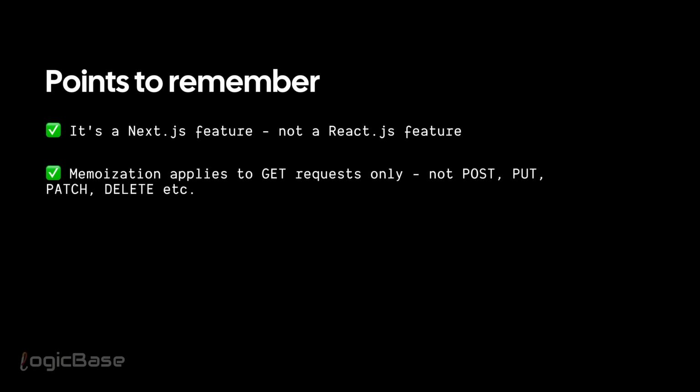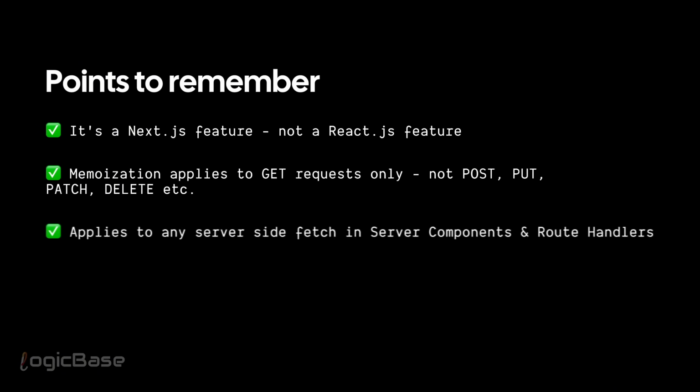The second point is, just like request memoization, data cache also works only for GET requests. It doesn't work for POST, PUT, PATCH, or DELETE requests. The third thing is, it's different from request memoization. In request memoization, I told you that it only works inside the React tree and nowhere else. For example, in route handlers, request memoization doesn't work.